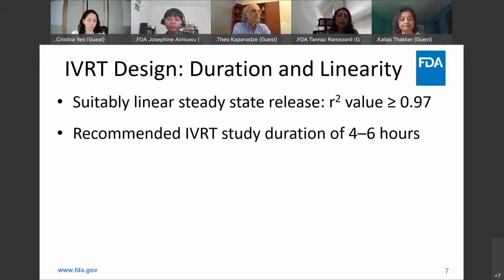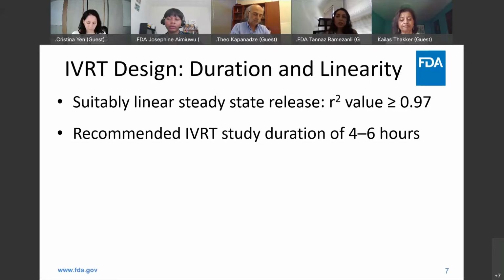As recommended in USP chapter 1724, conventionally a duration of 4 to 6 hours is recommended for the IVRT. And we heard from Kailash examples where we may need to run longer IVRTs for some products, like slow-releasing ointment. But it's really unconventional to see IVRTs that are done in less than 4 hours.